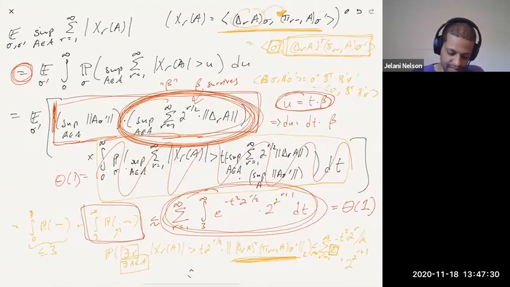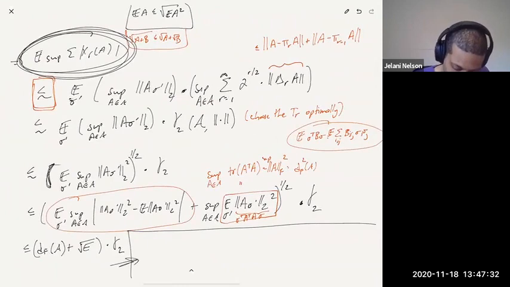So if you put it back all together, this implies that E is at most, up to a constant factor, the operator norm radius times the Frobenius norm radius plus the Frobenius norm radius times gamma 2 plus root E times gamma 2.